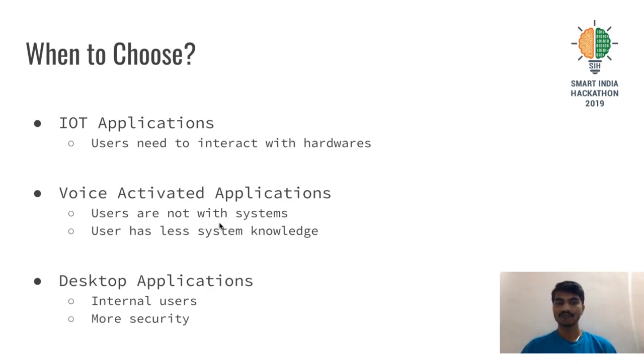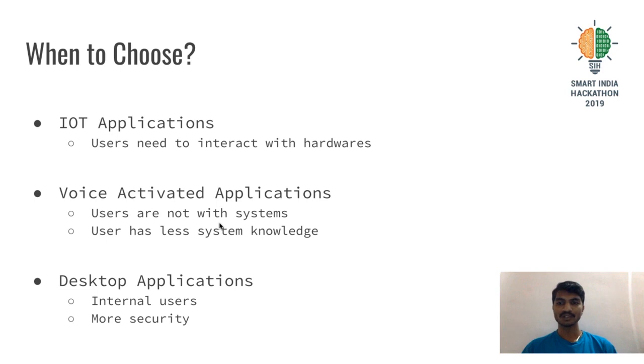Whenever we need to deal with some kind of hardware, the only choice we have is to go for IoT applications. It's better and more effective, and it gives a better user experience, because conventional appliances or hardware are not very interactive. IoT applications make the hardware more interactive than it was earlier.